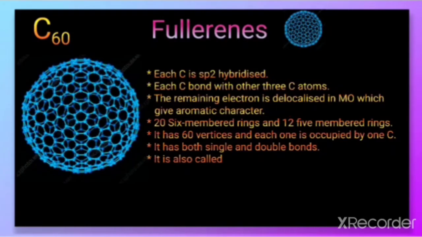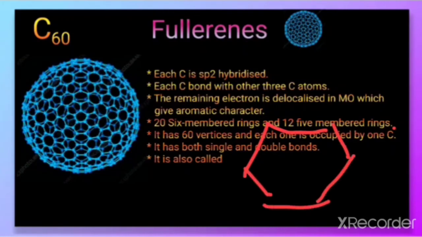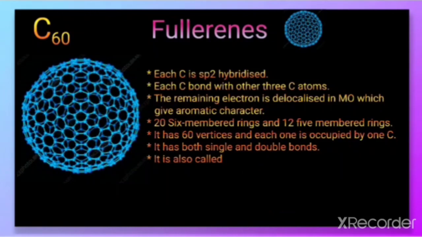When we talk about the structure of C60 fullerene, it has 6-membered rings. 6-membered means hexagonal. When you look at the image, it has hexagonal rings and there are some pentagonal rings. That is, 5-membered rings are also there, 6-membered rings are also there. So there are 20 6-membered rings and 12 5-membered rings.